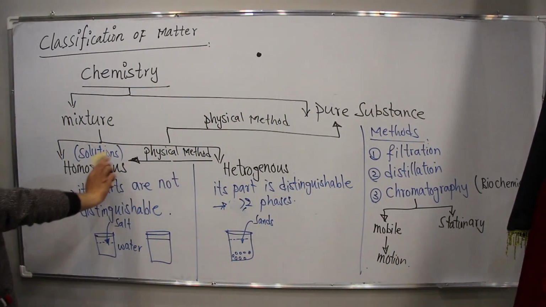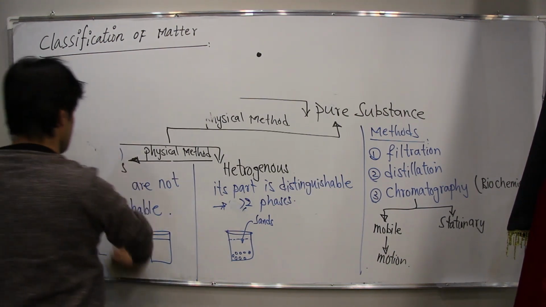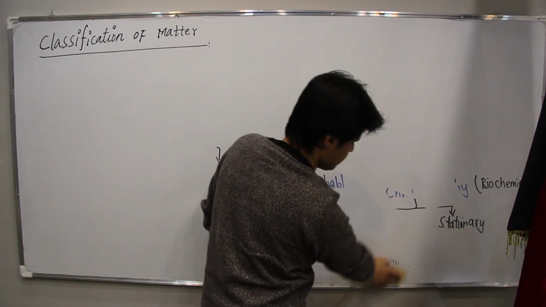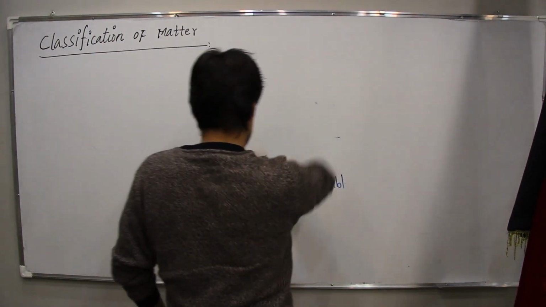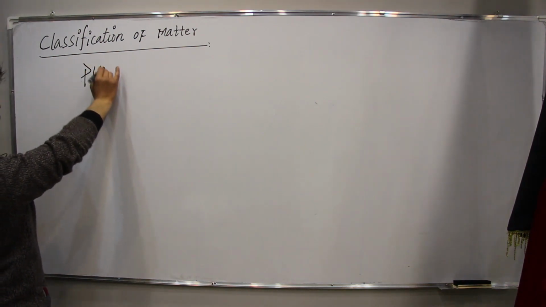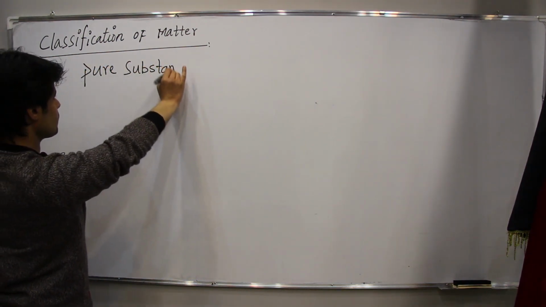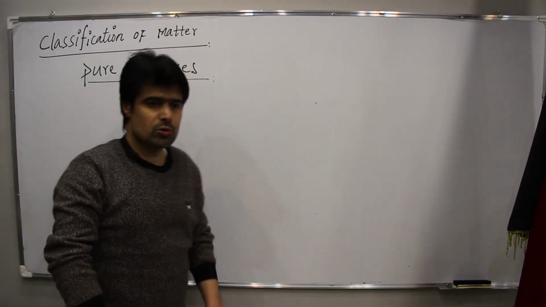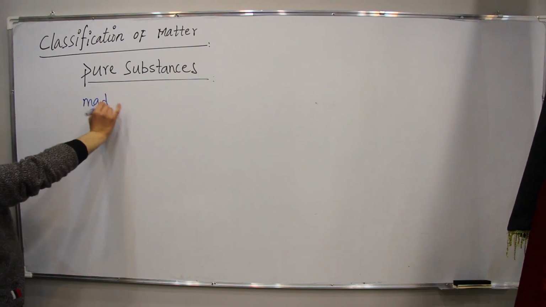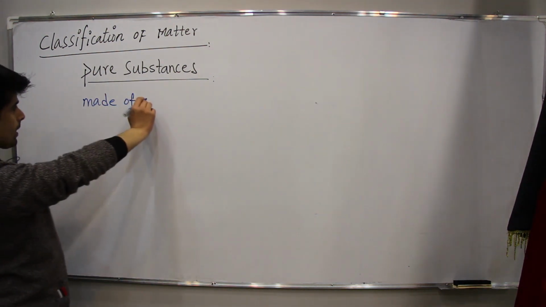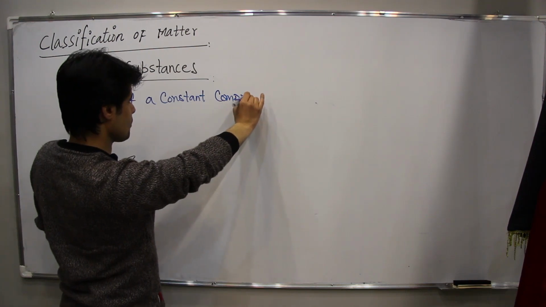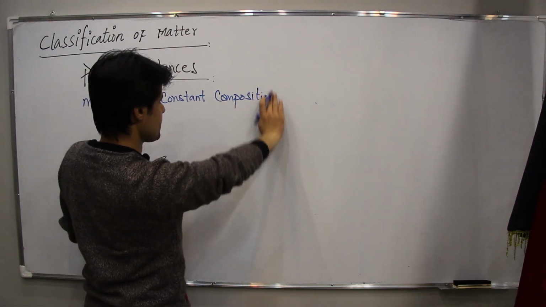Now we are coming to pure substance. Whenever you are talking about pure substances, they are made of a constant composition of elements.